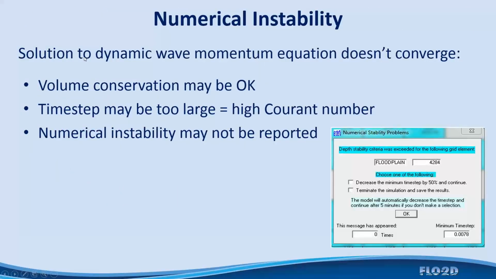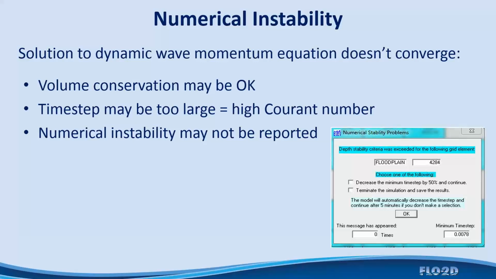Now, numerically, what's going on here is that if you have instability, the solution to the dynamic wave equation, momentum equation, maybe isn't converging. The volume conservation may be okay. However, the time step may be too large, and you might want to, before you do anything else, just lower the Courant number and see if the error goes away.